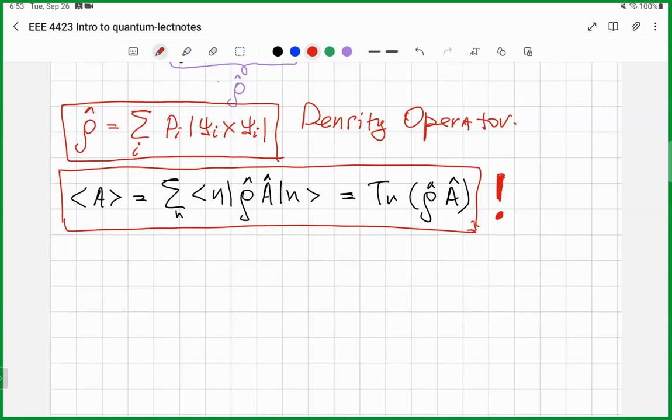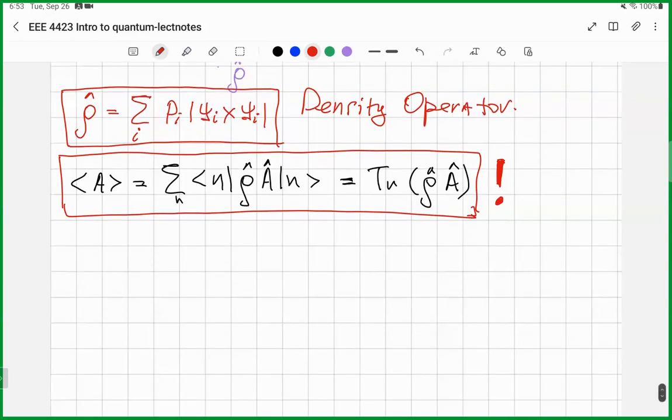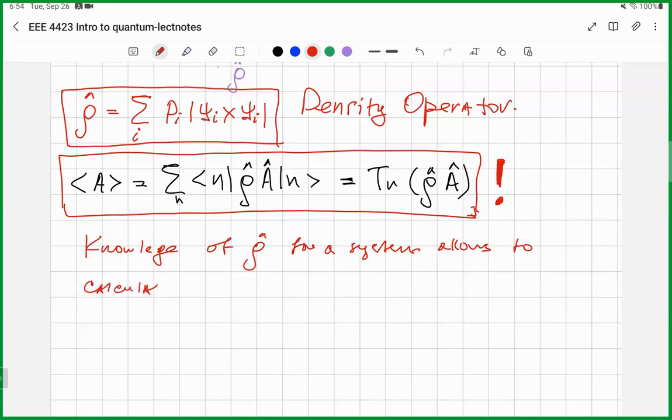Let us write this down: knowledge of the density operator for a system allows us to calculate the expectation value of any observable.